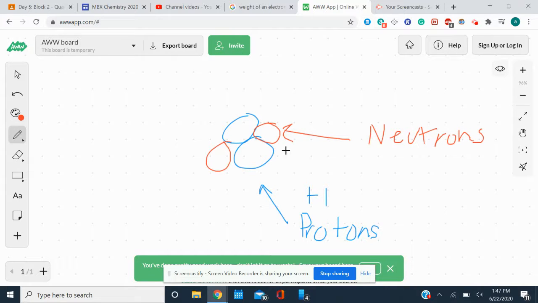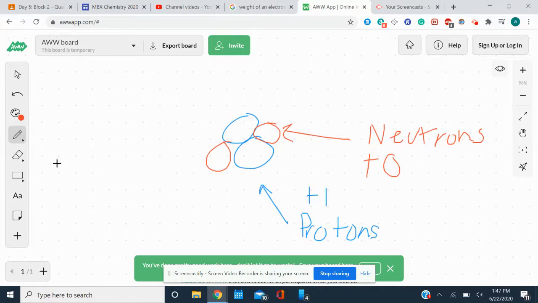You could probably assume from the name, but they have a neutral charge, which means that they don't make the charge larger or smaller.